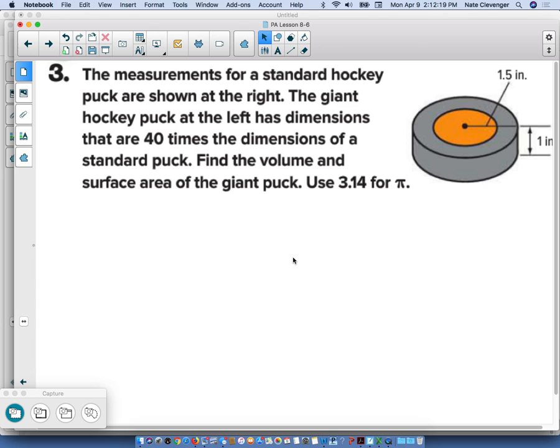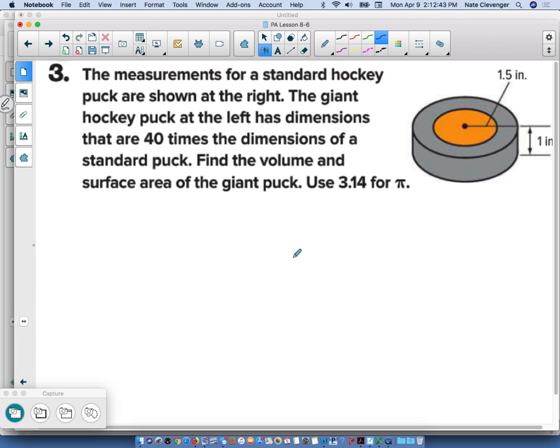It shows the dimensions of an actual hockey puck. This one that's in the wall is 40 times this one. The problem wants us to find the volume and the surface area of the giant puck.